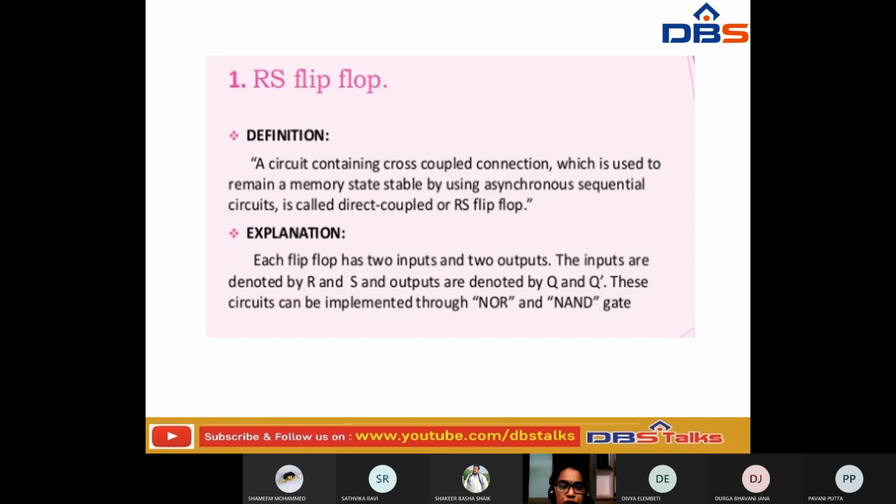These circuits can be designed using sequential circuits, which are nothing but combinations of NOR, NAND and OR gates. Now let us see how the RS flip-flop is designed.